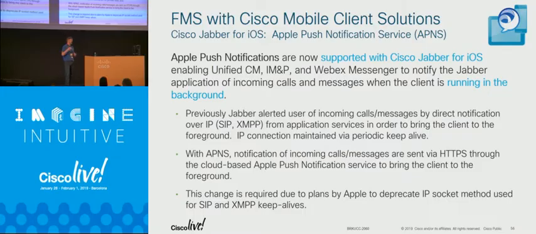Again, the reason we have OAuth is because it speeds up the login process and doesn't require username and password. So when we send an Apple push notification, the client can pop up very quickly and receive that incoming call. So that's the reason that we have OAuth, and this is why we have implemented APNS.